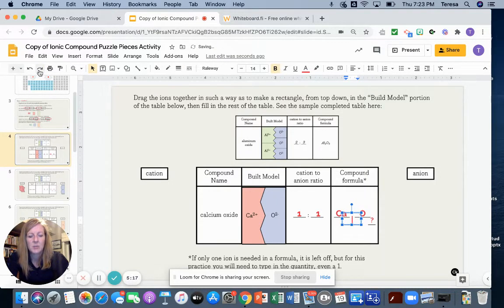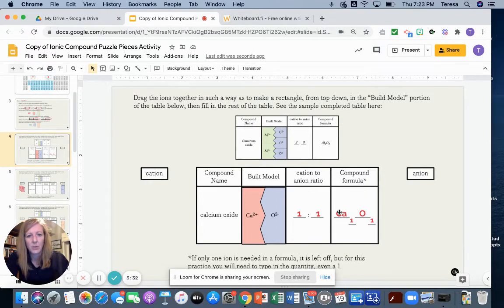The subscripts associated with calcium: there's 1 calcium ion, and how many oxygen ions are there? There's also 1. So that ends up being the formula for this ionic compound. So we find the ratio of cations to anions.